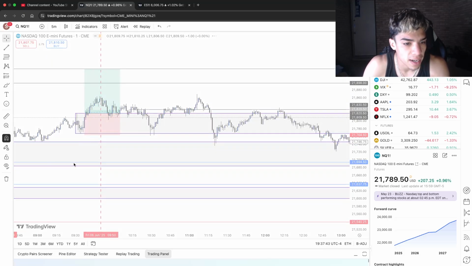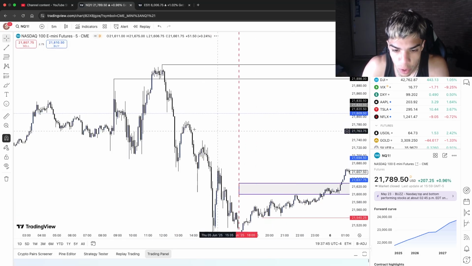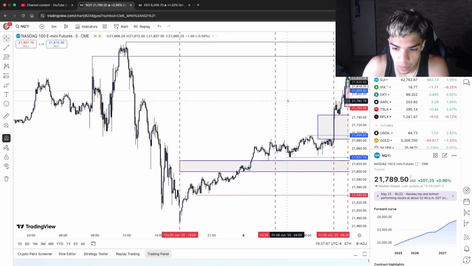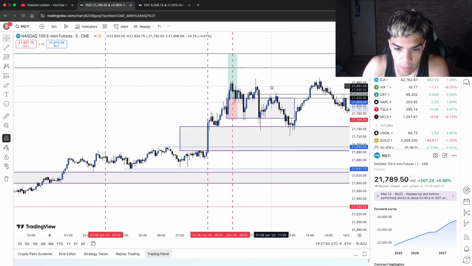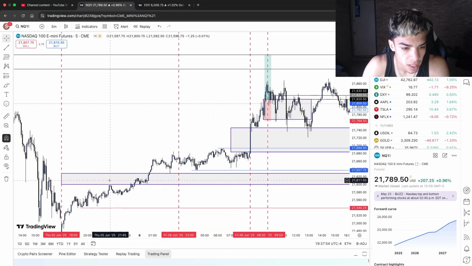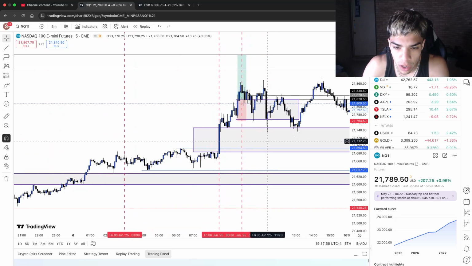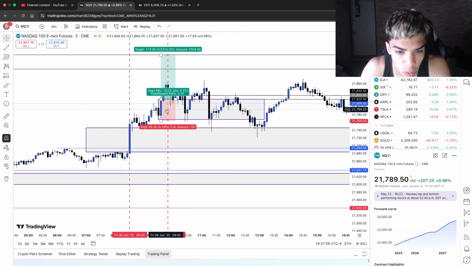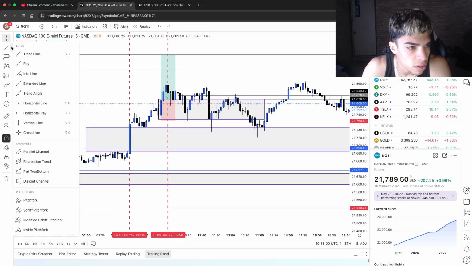We're just going to reanalyze real quick. If we go on the 5 minute, this is the order block. To begin with, these are key levels. This was a 4 hour fair value gap, and this was a 1 hour fair value gap. So boom, we break structure to the upside on this candlestick right here.